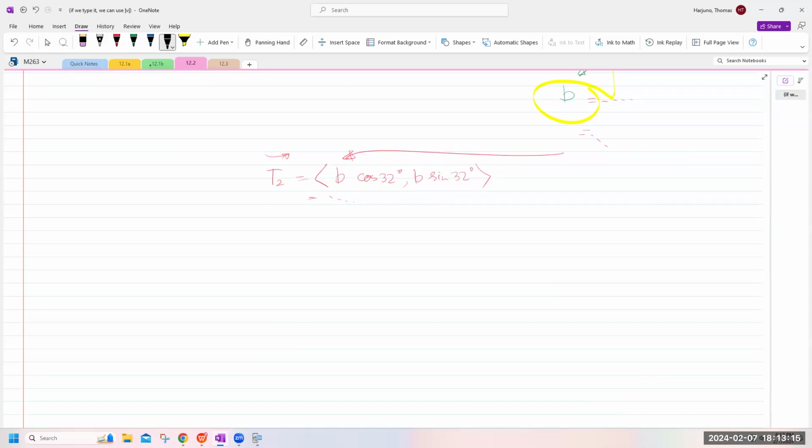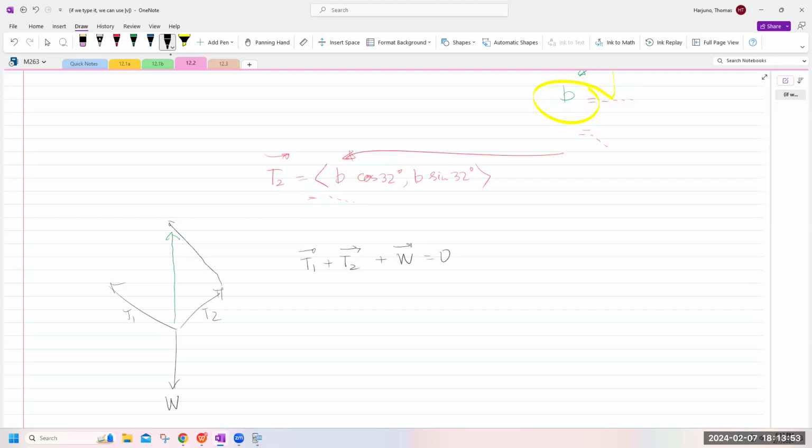If I use the diagram earlier, this is T1 and this is T2, for example. And then the weight is here, right? Now notice that T1 plus T2 is supposed to counter the W. In other words, vector T1 plus vector T2 plus vector W is supposed to be 0.